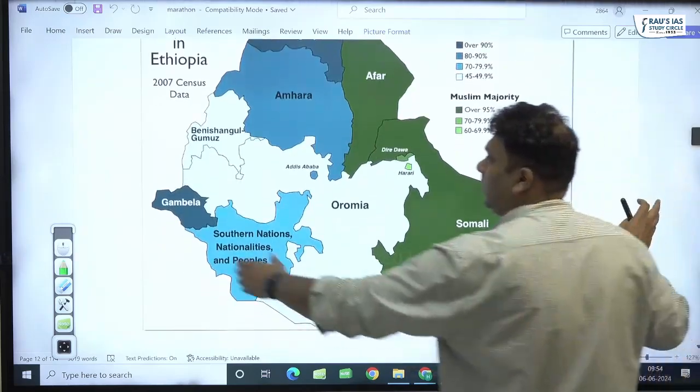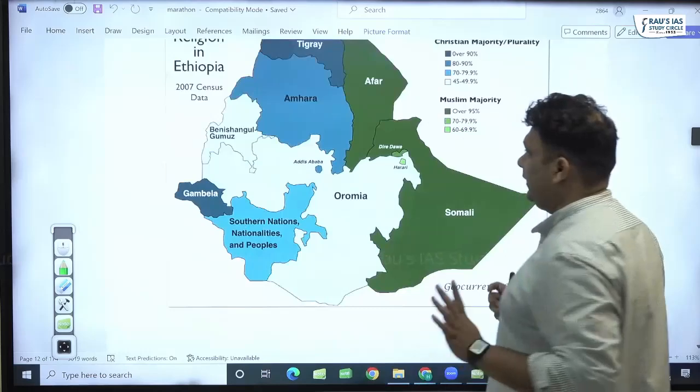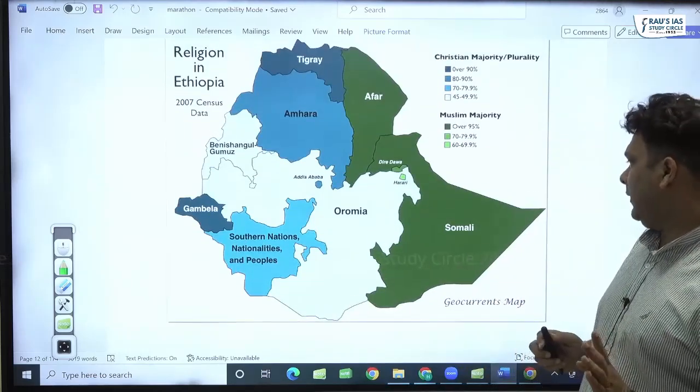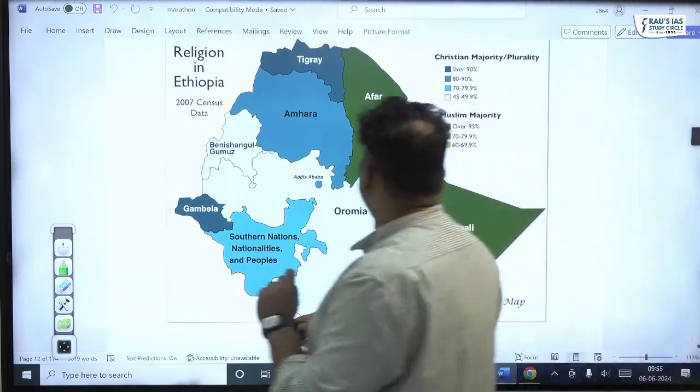So this is an ethnic composition of Ethiopia. You can roughly draw the diagram. Here three ethnic group becomes very important.